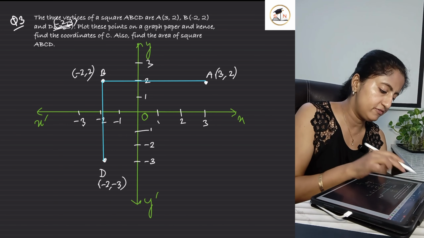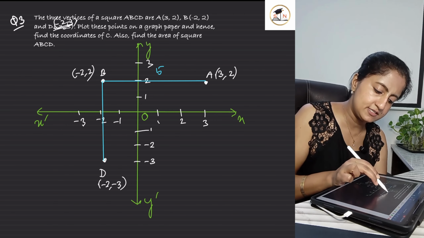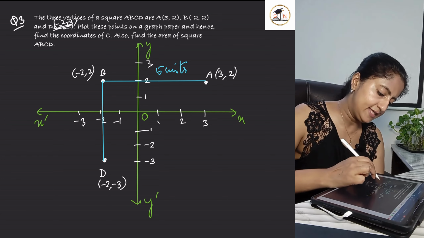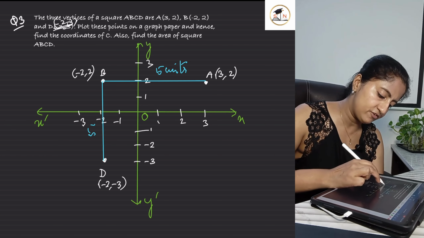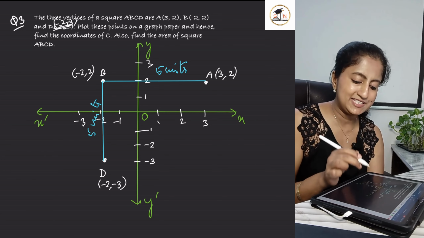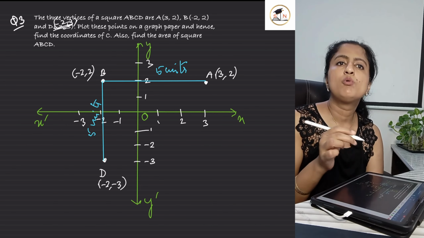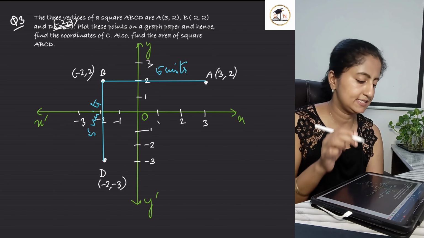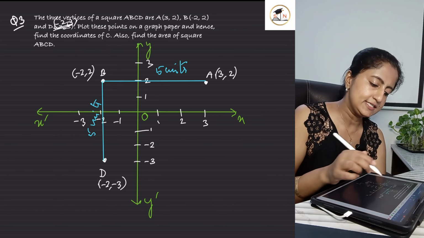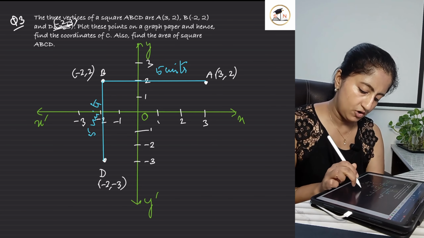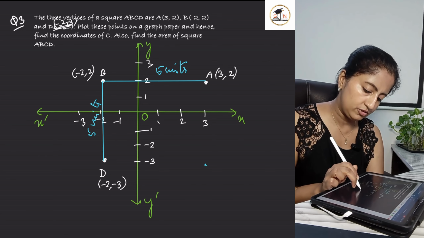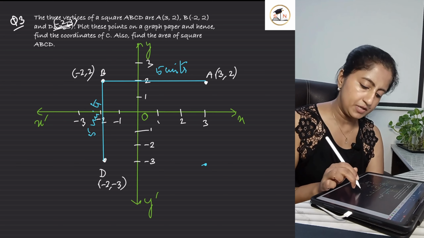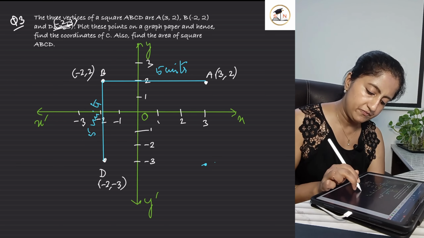It is also 5 over here, 5 units. And the length, the height is also coming as 5 units, right? That means we can easily figure out what is going to be our C vertex. That is C coordinates for the C. It's going to be over here at 3, -3.